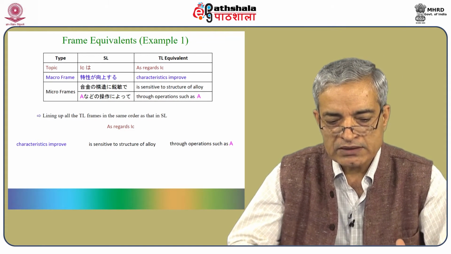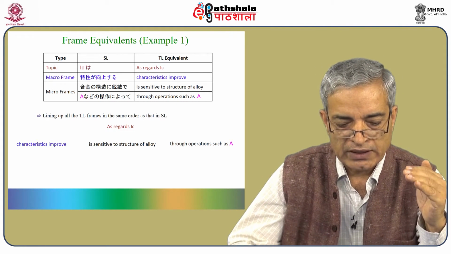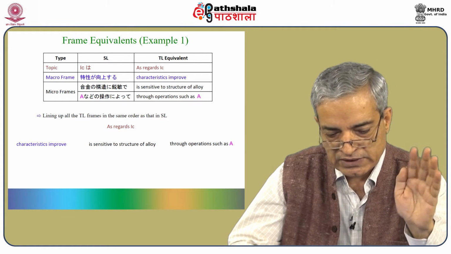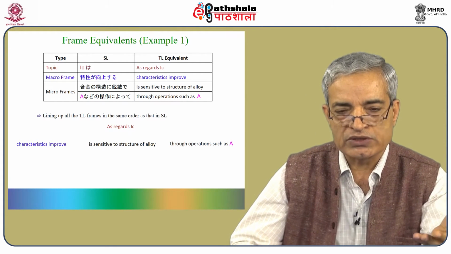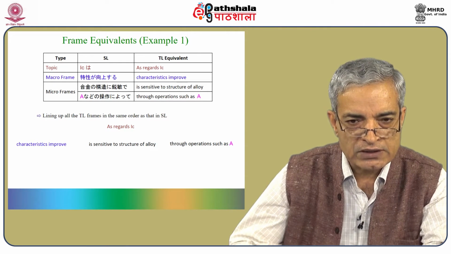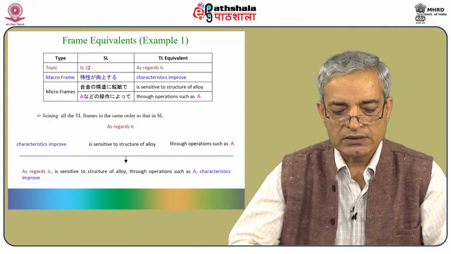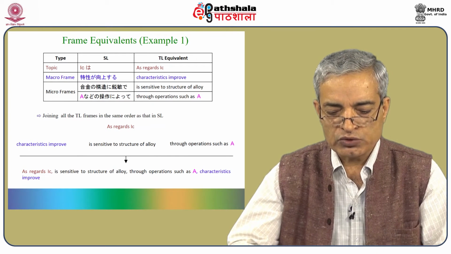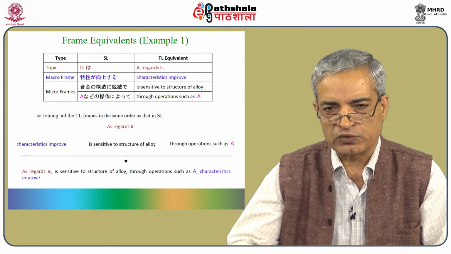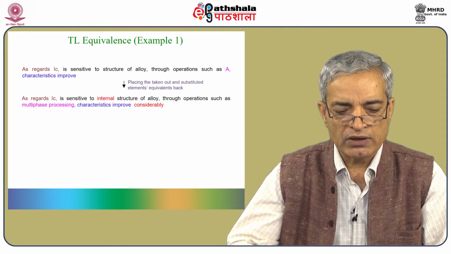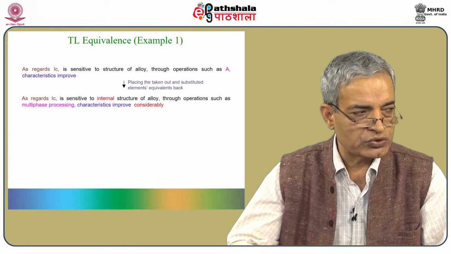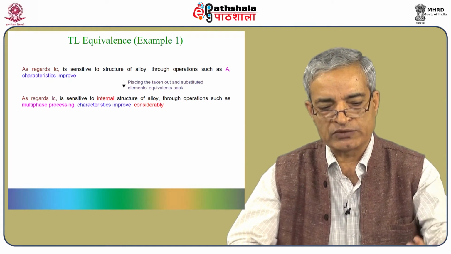As regards IC, because it's a topic, we are keeping it aside. Characteristics improve, is sensitive to structure of alloy through operations such as A. I think this flow itself is making some sense. So let's join them: as regards IC, is sensitive to structure of alloy through operations such as A, characteristics improve. Flow is okay, but does not give a true sense, so let's do some more work on this.